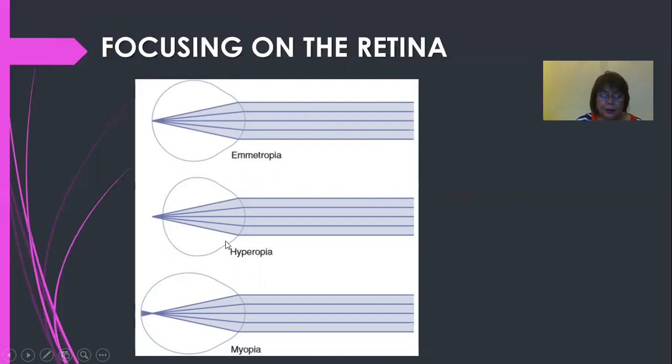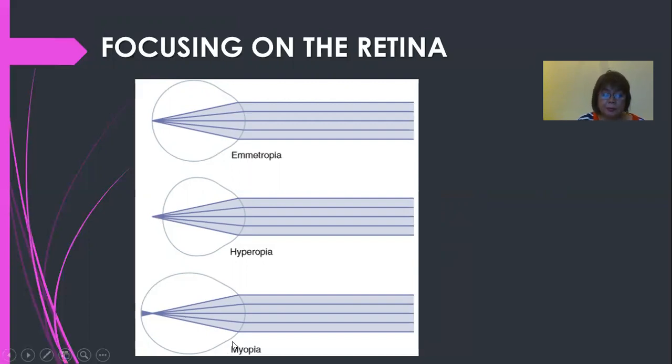Hyperopia could be due to a small eyeball or a very weak lens system. So it cannot accommodate some objects within a certain distance, so that the focus is beyond the eyeball or beyond the retina, and you don't see clearly.